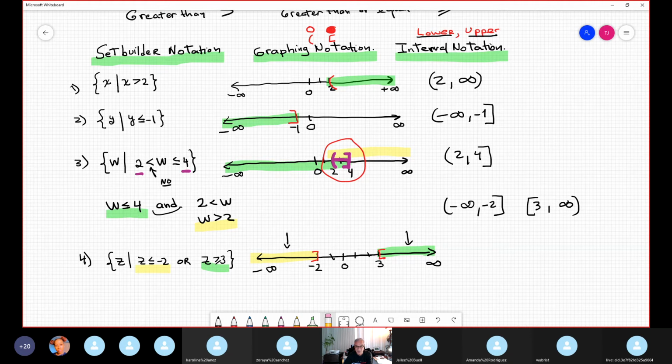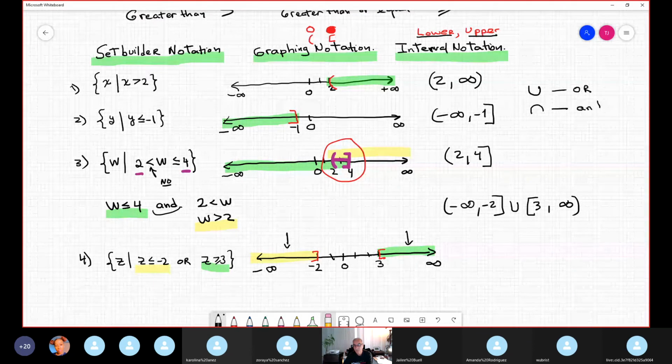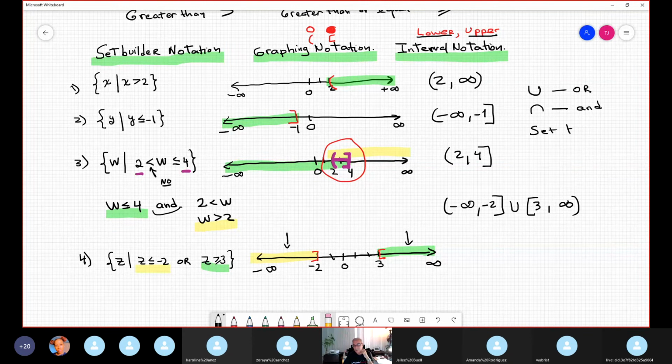So now, how are we connecting both? The solution is this and this together, and you connect it using that symbol. That symbol is equivalent to OR. That other symbol is equivalent to AND. This is in set theory, and basically the interval is the set.